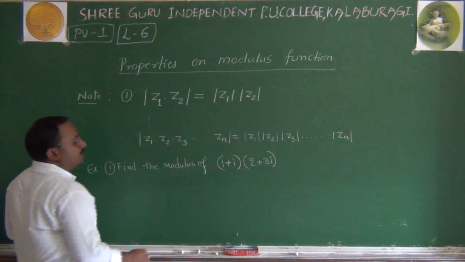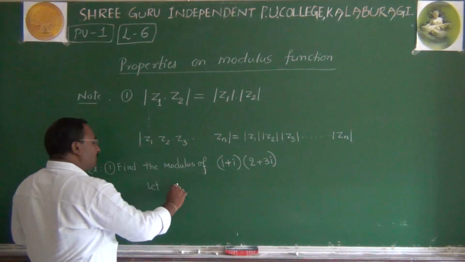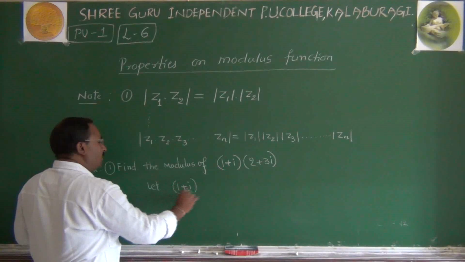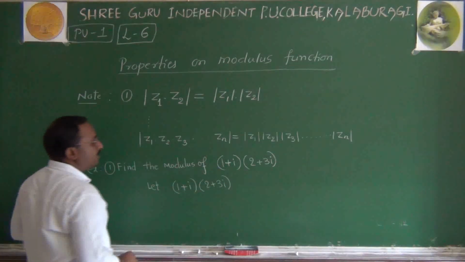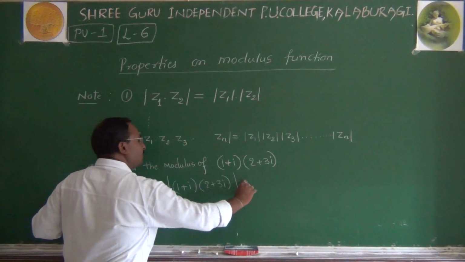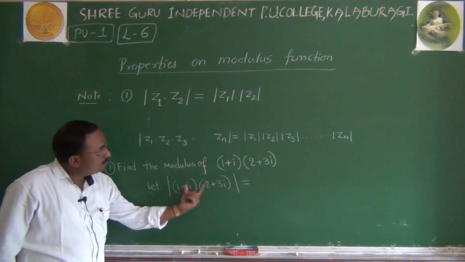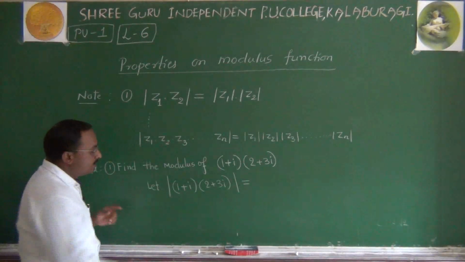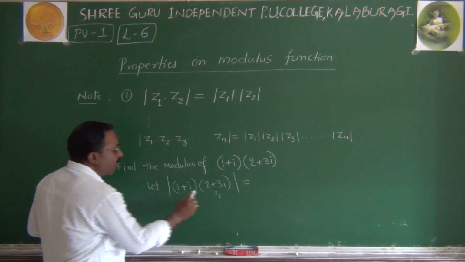Here, let 1 plus i into 2 plus 3i be given. Find the modulus. According to the definition of the product of two complex numbers, treat this as z1 and this as z2.